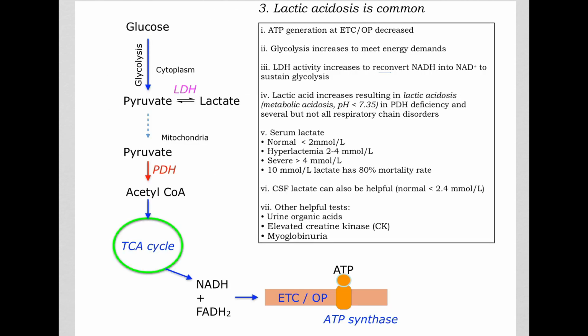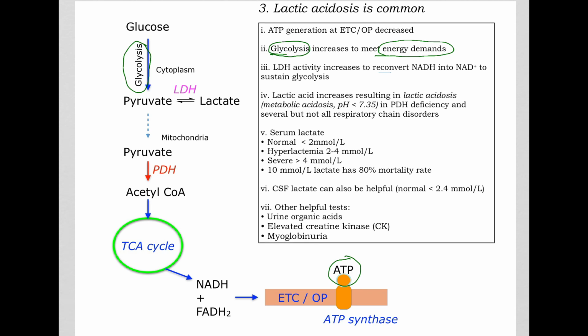Another important concept about mitochondrial disorders is the common occurrence of lactic acidosis. Since ATP production by the mitochondria decreases, the cell increases glycolysis, the cytoplasmic pathway, so that it can generate some energy that is necessary for meeting the energy demands of the cell.